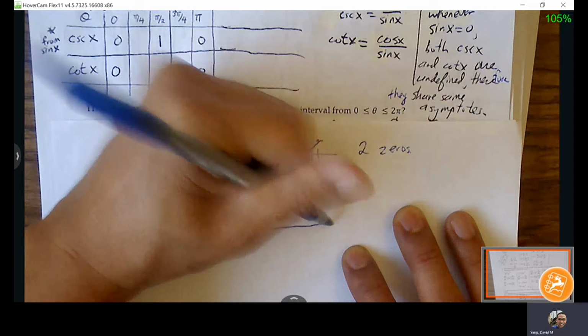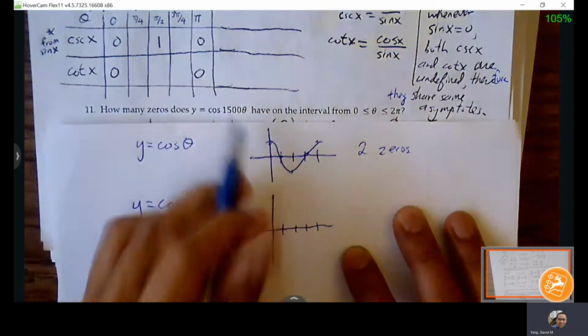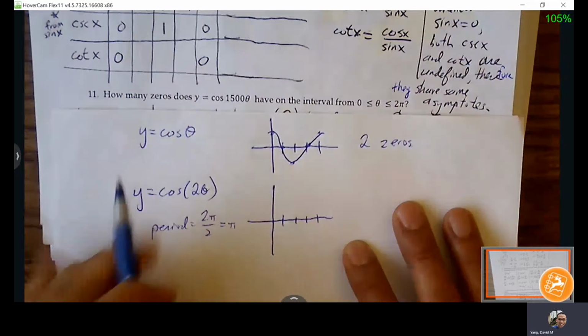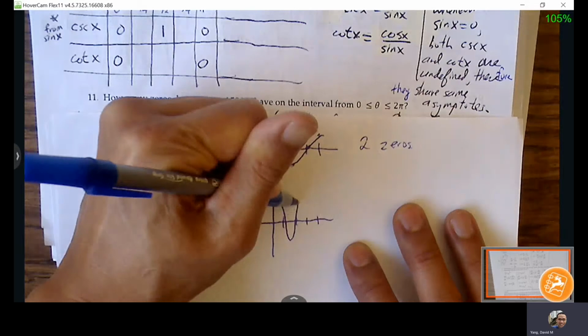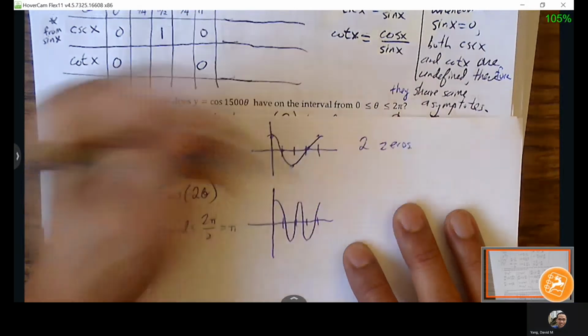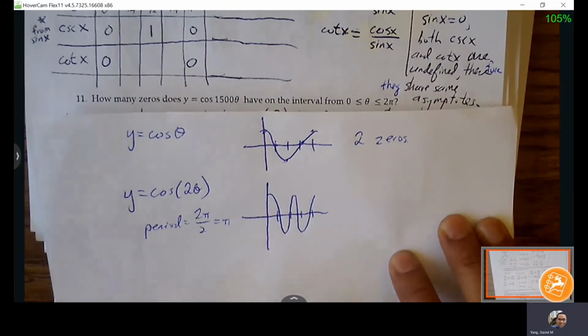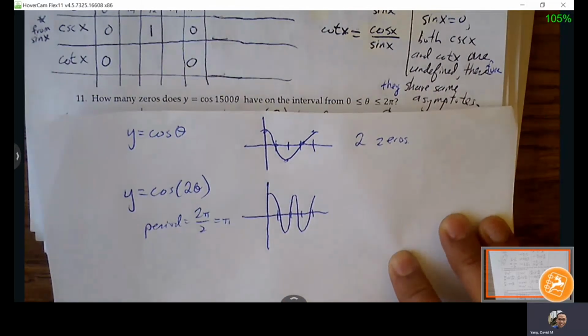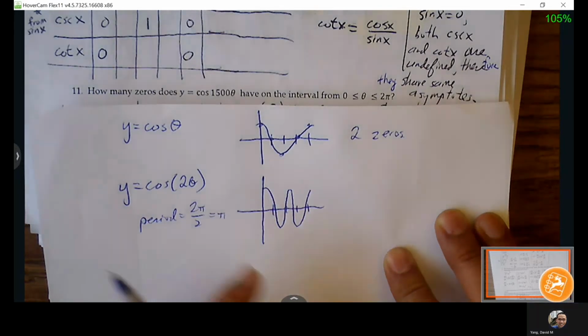So by the time it reaches 2 pi, it would have completed 2 full cycles. How many zeros do we have here? 4.